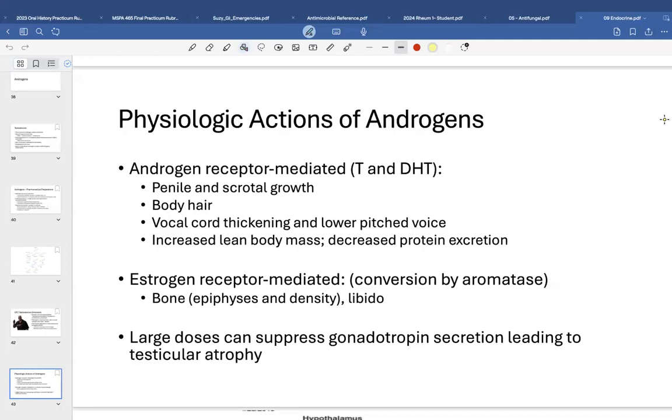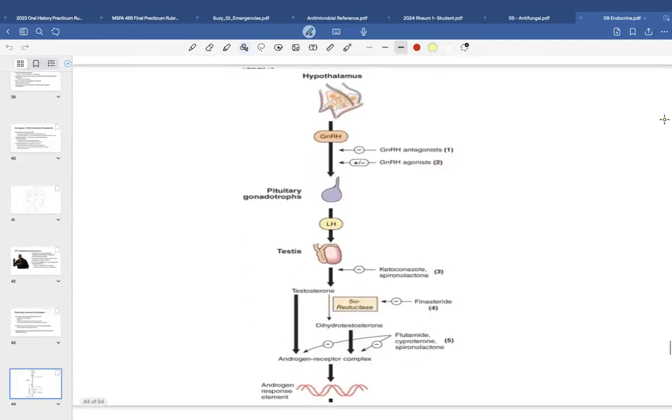All right, so here is the hypothalamic signal. Gonadotropin releasing hormone signals to the pituitary, which then via LH, luteinizing hormone, signals to the testes.